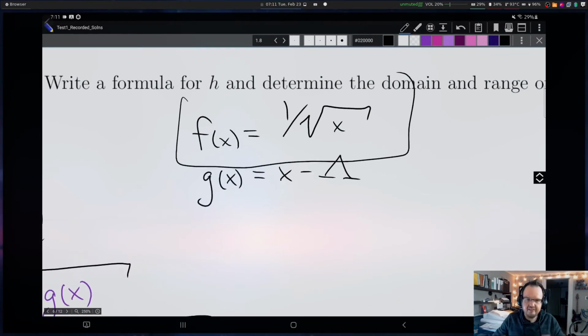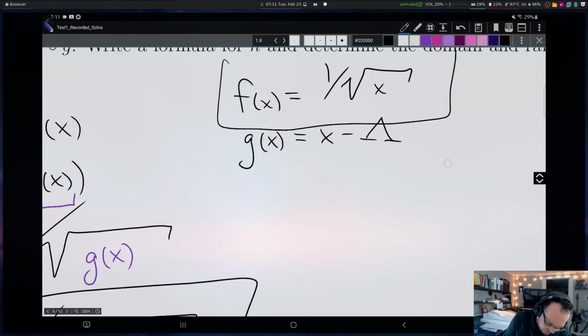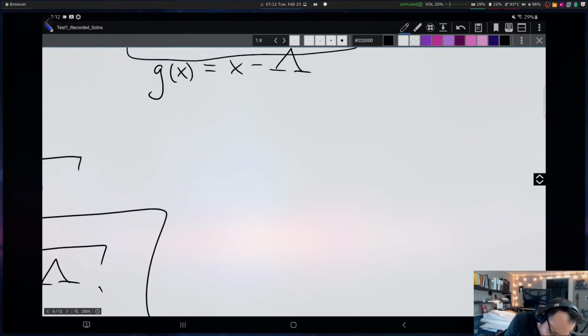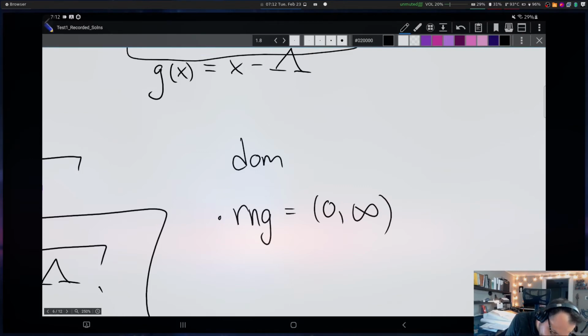This is just shifting that graph by lambda units to the right. So that's what it means when you have the minus sign here. You need a little bit of math goggles to see that this is actually just the shift, but once you have that, we can use some shortcuts. We know that shifts don't affect the range at all. So the range is just exactly what it was before, 0 to infinity for free.